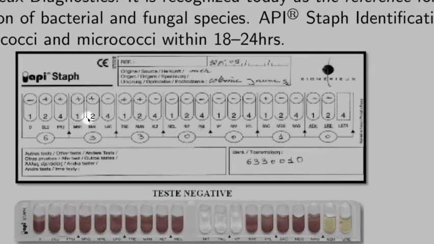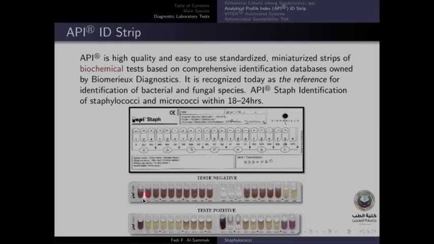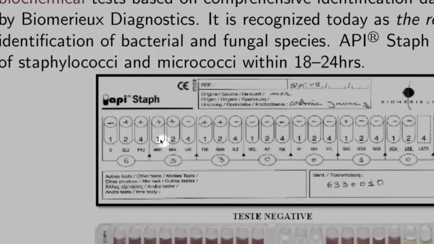Now, if you go to the second compartment, here are the results. We compare: this is the strip when it is negative, and here is the strip after incubation. So some will turn positive. In the second compartment, we see that it is positive for the first and second, so we add them. 1 plus 2 is 3, but the 4 is negative, so it won't be counted.